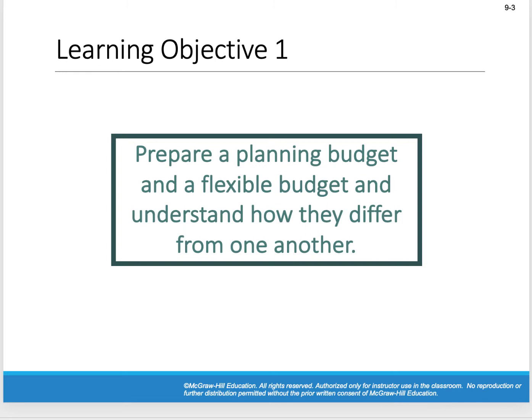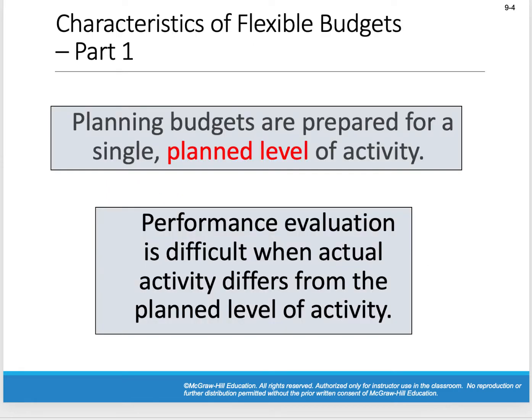So what we're going to get into now is we're going to look at the planning budget as well as the flex budget. And we'll talk about the differences between the two and how we use these to gauge our performance, okay? So the first thing we got to look at is the planning budgets, right? We did planning budgets when we did our master budgets, right?